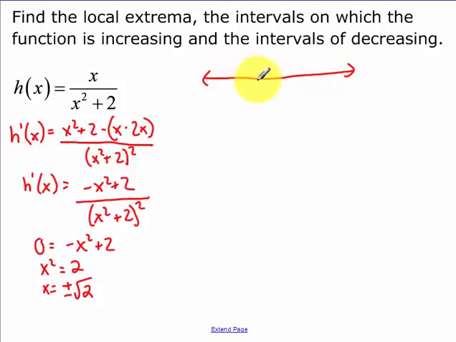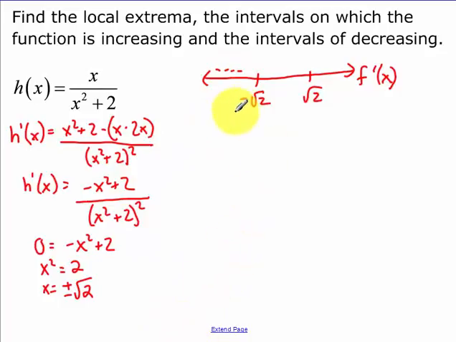Okay, so we have a negative root 2 and a positive root 2 that I'm testing on my first derivative. So say I plug in -2 into my derivative, which is down here, the bottom's always positive. So really we're just worried about the sign of the top. So if I plug in -2, we would have a negative.